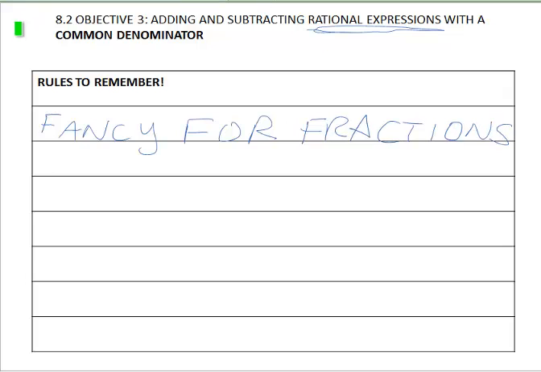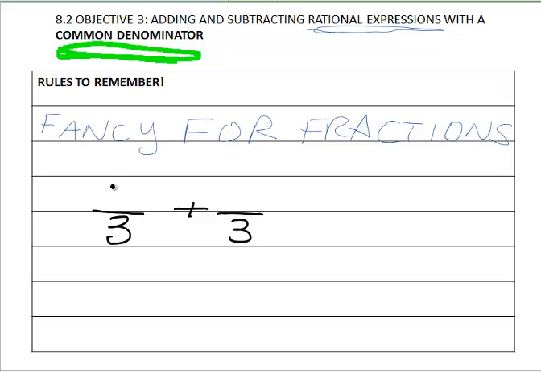Now, in this particular case, we are talking about working with rational expressions or fractions with a common denominator. And as we may have talked about before, when we have fractions or rational expressions with common denominators, that means the denominators are the same and the numerators are different.